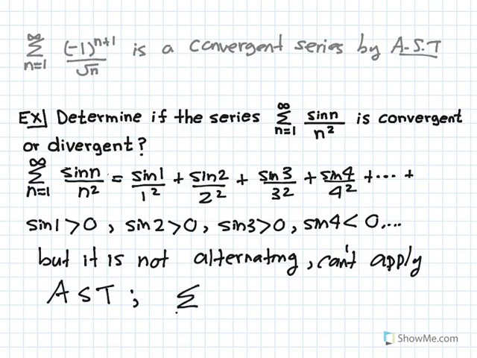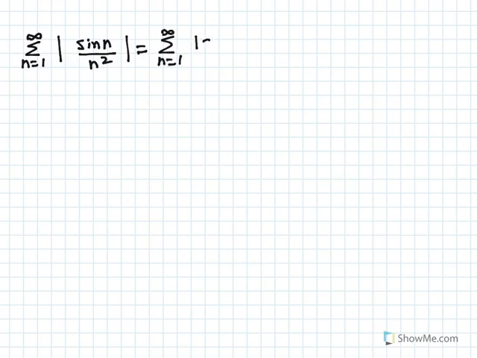So we should apply the absolute convergence test. Let's look at the summation n equals 1 to infinity of the absolute value of a sub n. What we have is the summation of the absolute value of sine n divided by n squared. Now n squared is always positive, so we can write this as the summation of the absolute value of sine n divided by n squared.